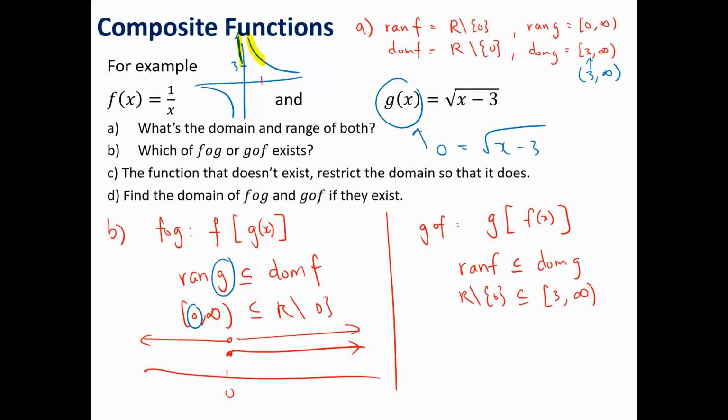I've got this here at this point. X has to be a third. Now if you were to write the domain for the highlighted section, I only want the range 3 to infinity. What's my domain?